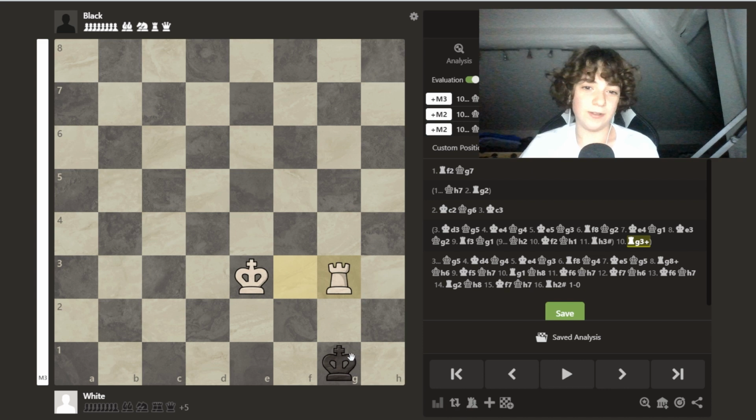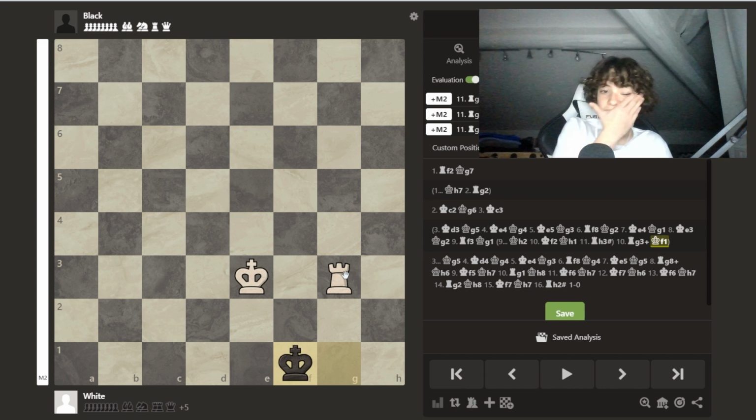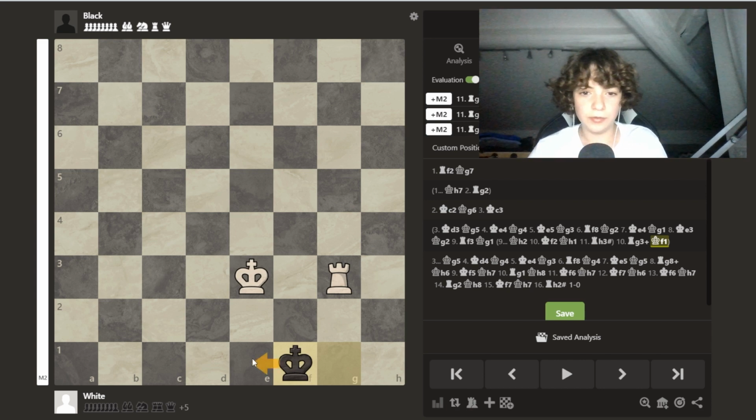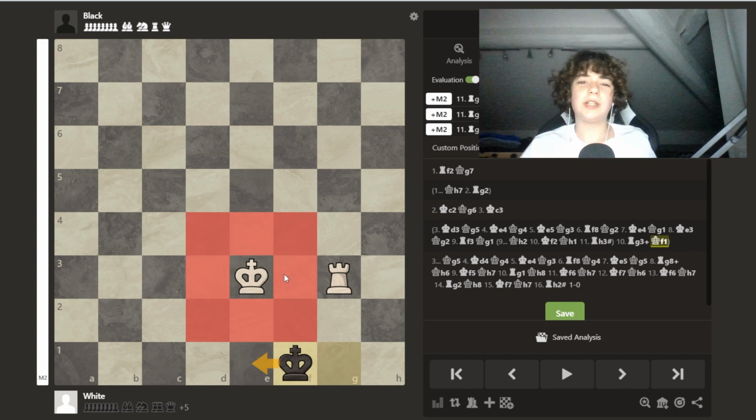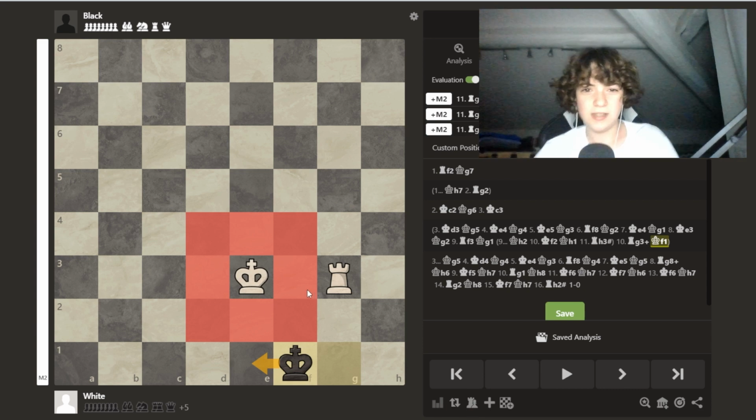And if he goes to this side, you're just gonna do a waiting move, because he only has one legal move, and he's gonna be on the edge of the board, and it's gonna be like a back rank mate, like explained before. He's gonna be boxed in by the king, because I like to imagine it as the king having a force field, if that makes a little bit of sense.